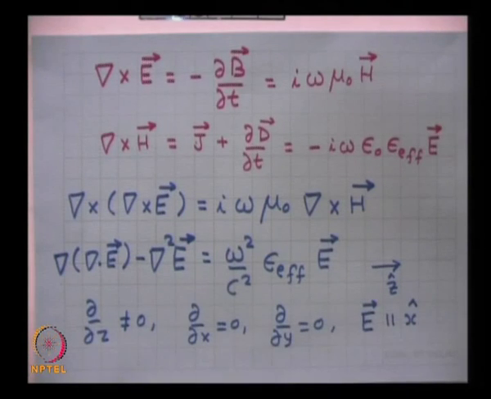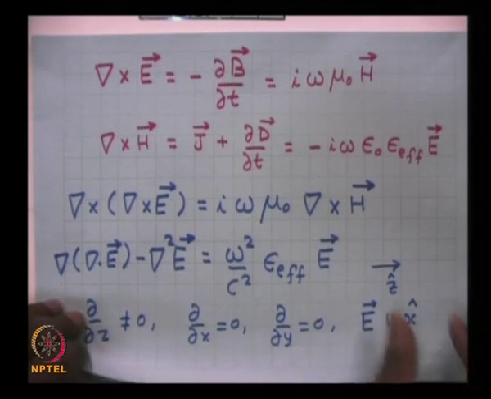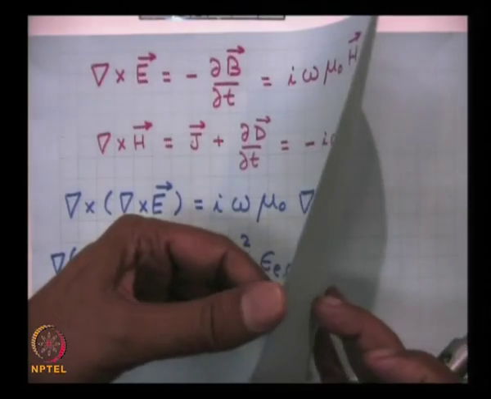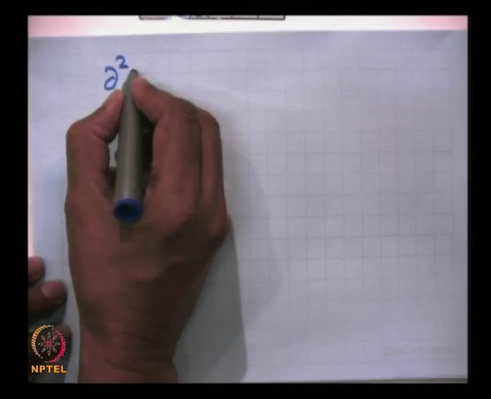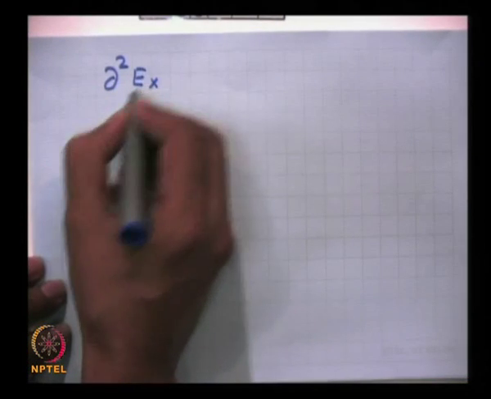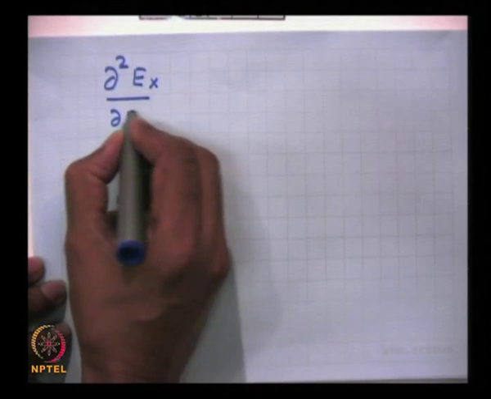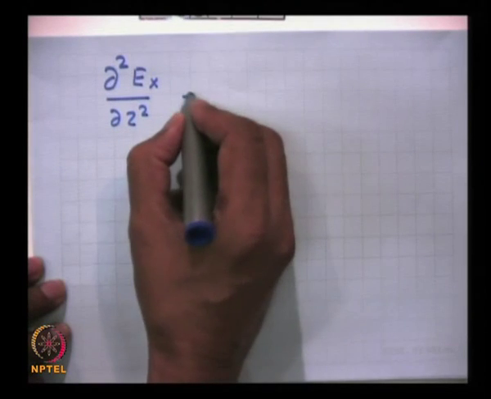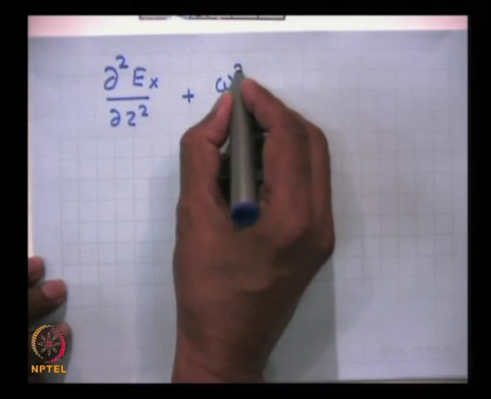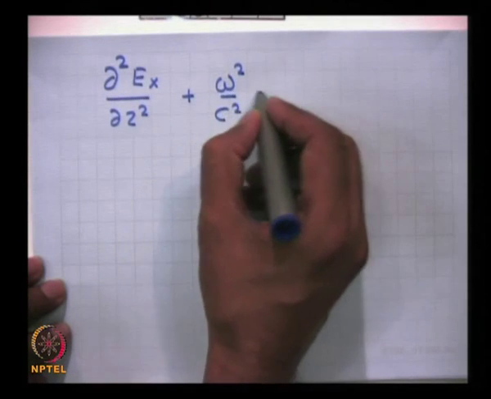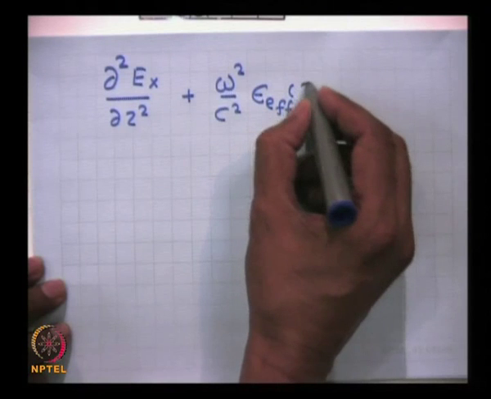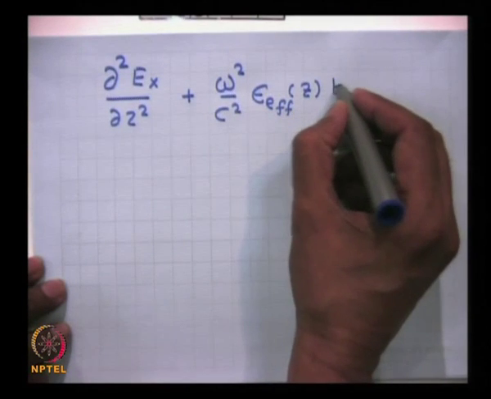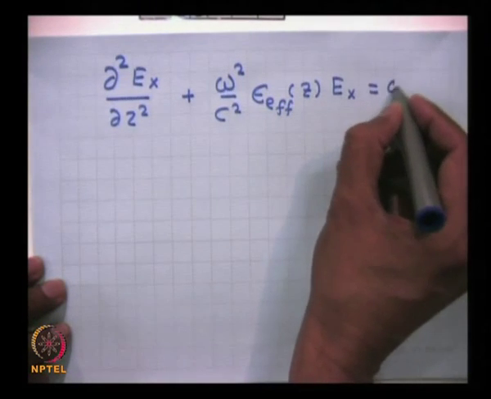So, then this equation in this particular case becomes a differential equation in one variable, and it becomes d²Ex/dz² plus ω²/c² ε_effective, which is a function of z, into Ex is equal to 0.